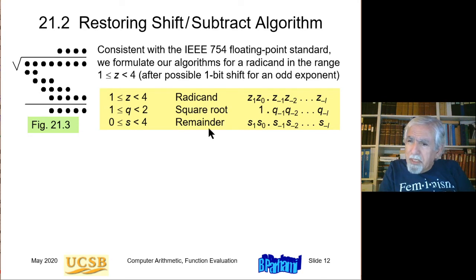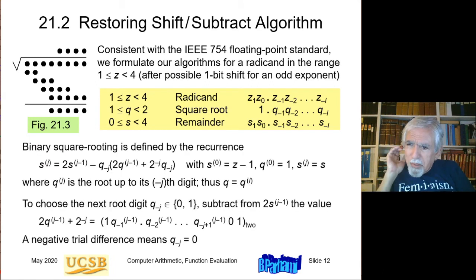Okay, now the first bit of the square root is always 1, and then normally we have to square that and subtract it from z. So we might as well just skip that step and initialize our partial remainder to z minus 1. In other words, subtract the square of 1, and then focus on determining the rest of the bits in the quotient.